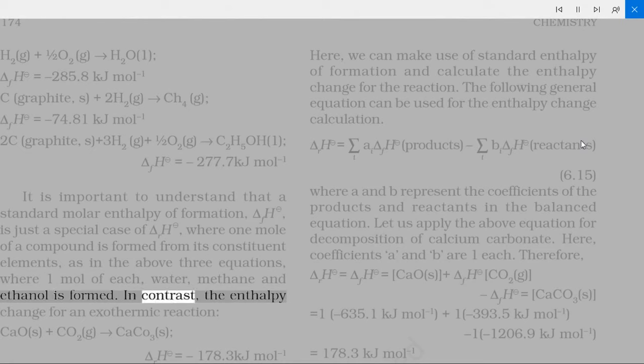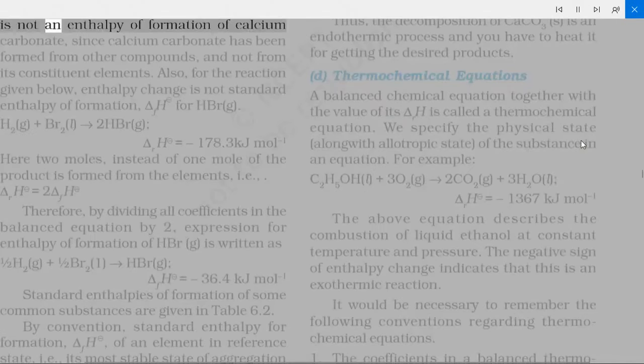In contrast, the enthalpy change for the reaction CaO(s) + CO2(g) → CaCO3(s), ΔrH° = −178.3 kJ mol⁻¹, is not an enthalpy of formation of calcium carbonate, since calcium carbonate has been formed from other compounds, and not from its constituent elements.